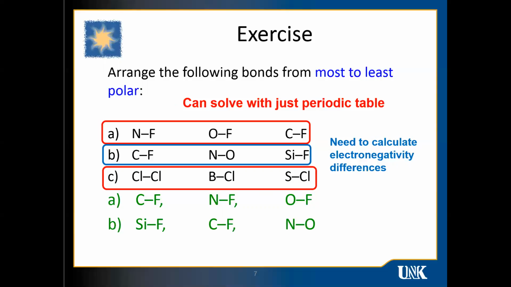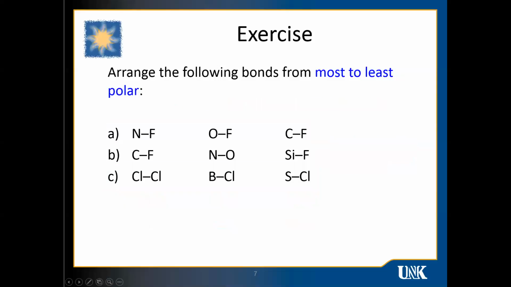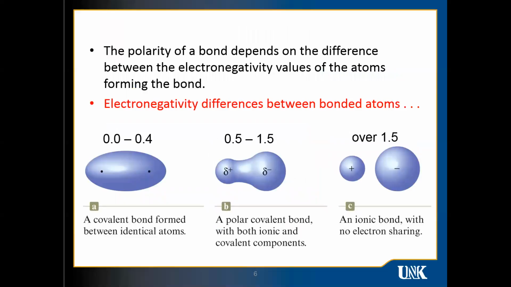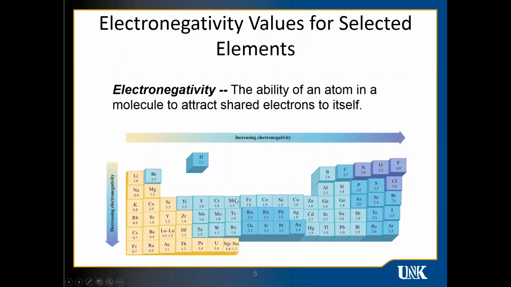Now, for B, we have to calculate the electronegativity differences to really get this right. And so silicon and fluorine, let's go back. I'll show you how we do this. There we go. So silicon and fluorine.